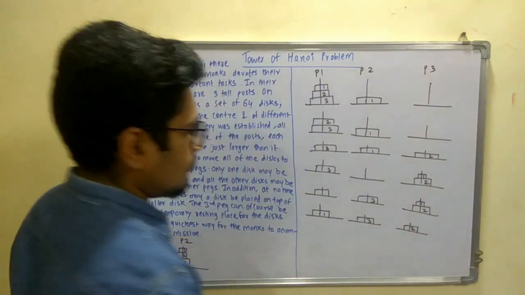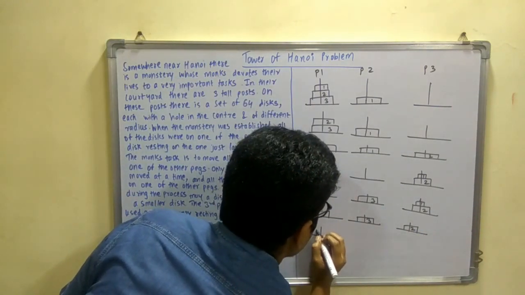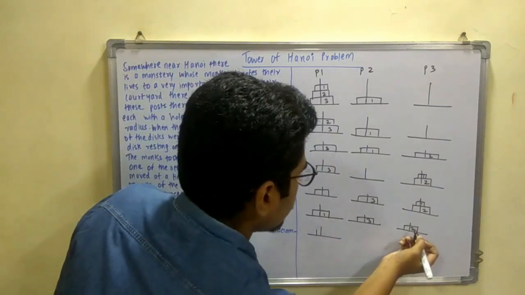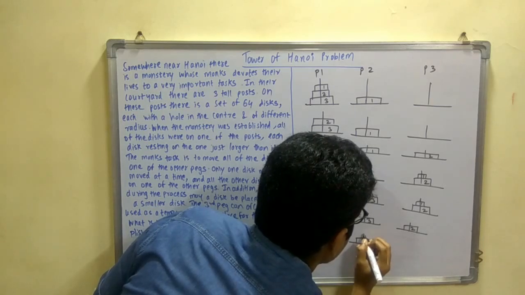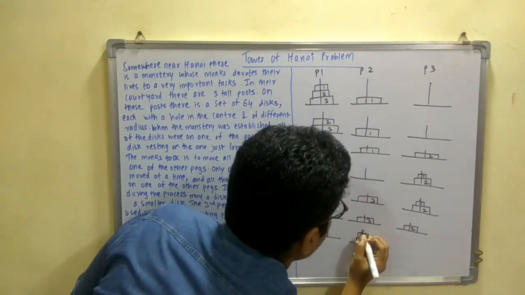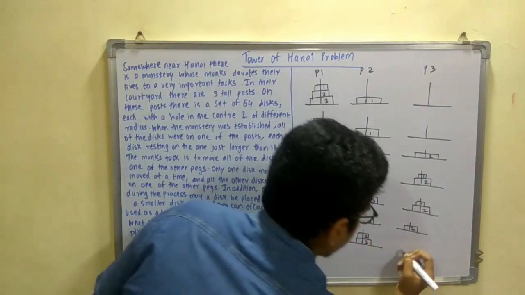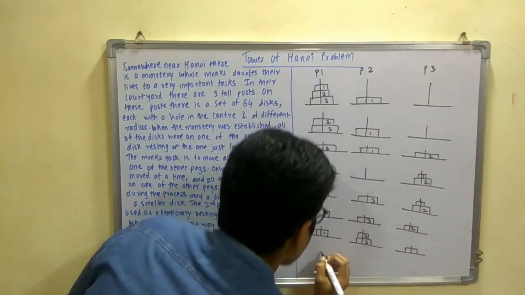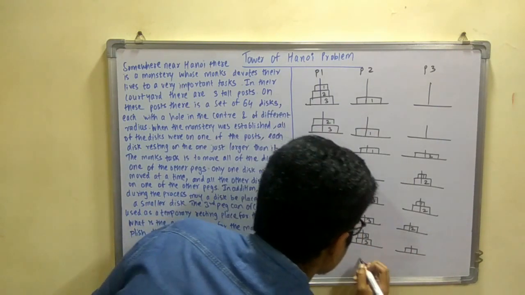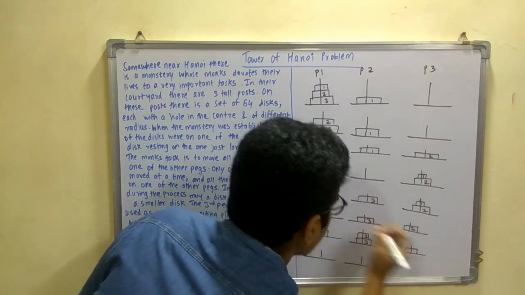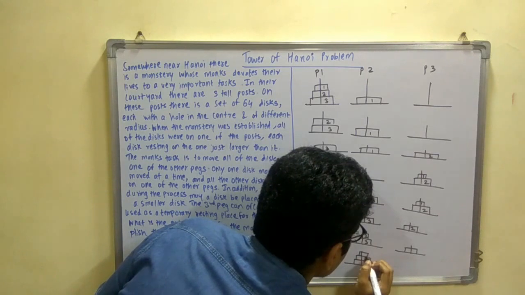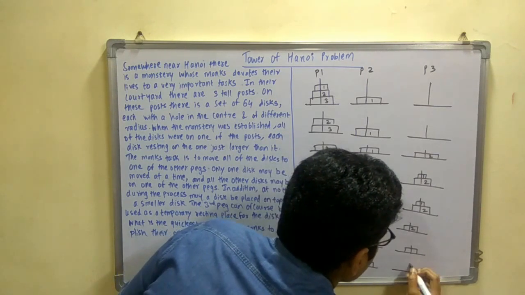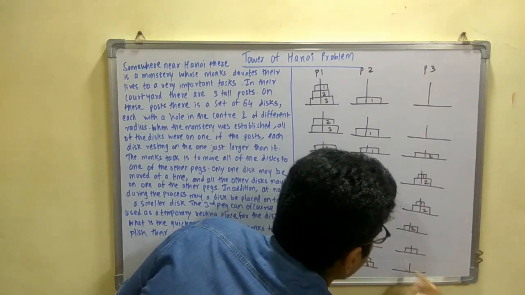After this, we can move 2 on top of this, so 3 and then 2 on top of that. Remember I am moving only one peg at a time, and this remains empty. Our final step would be moving 1 on top of this, so it would be 3, 2 and 1, and this would be empty, nothing would be there.